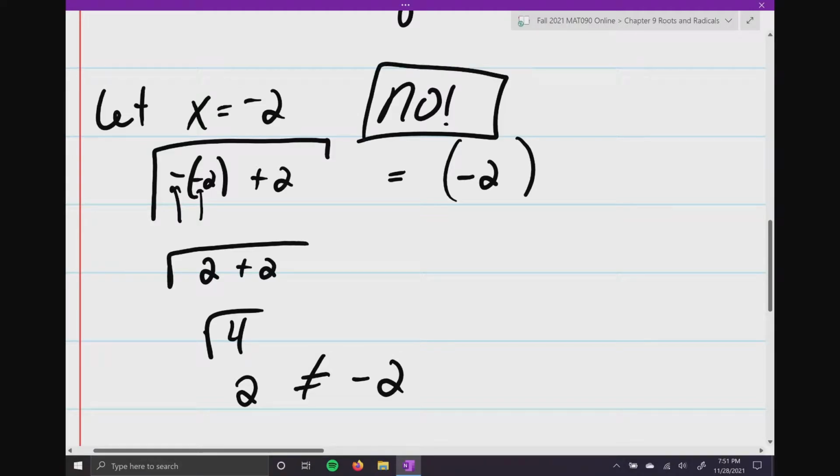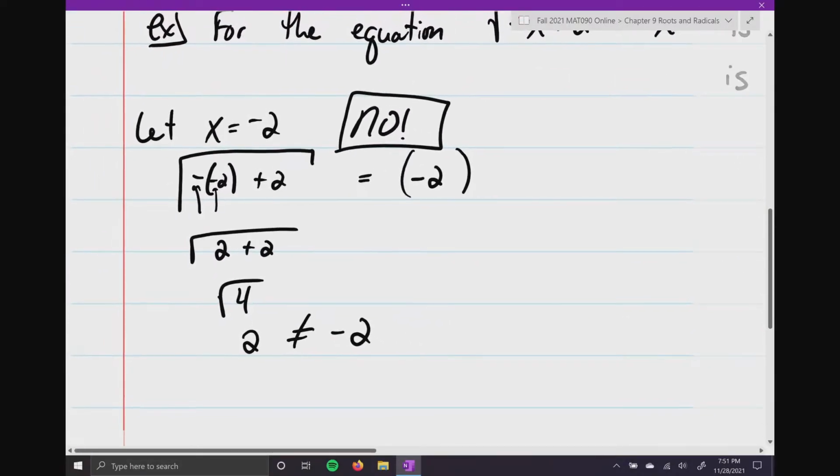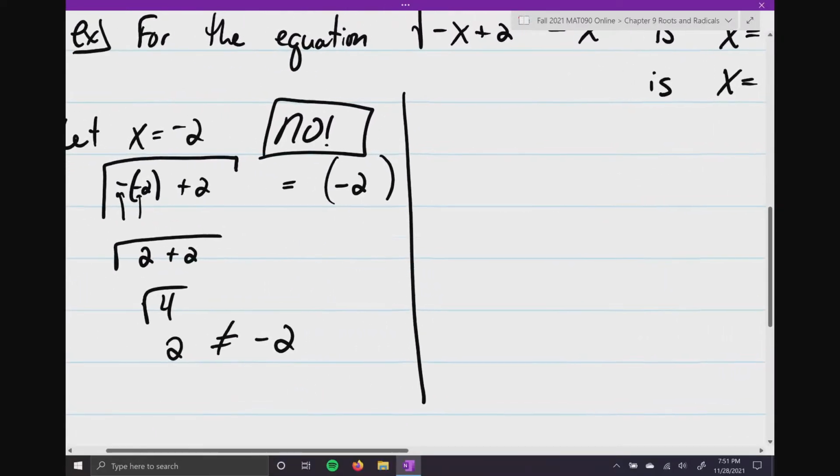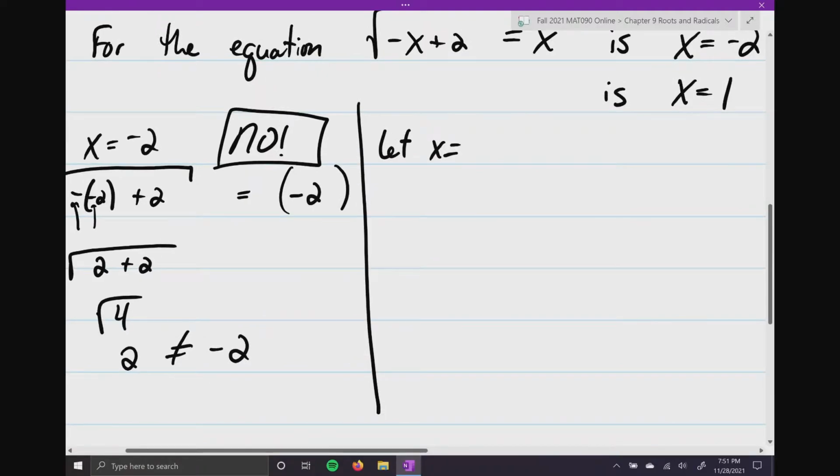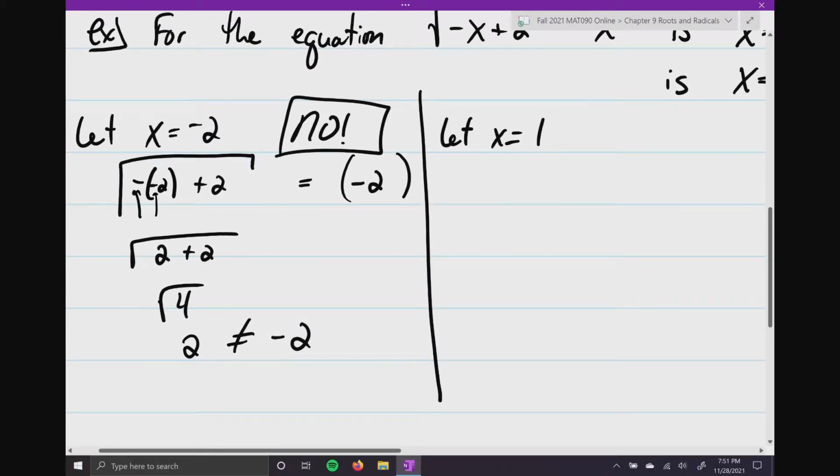Now I'm going to draw a line, because we got another one. We're going to let x equal +1. Rewrite the problem.